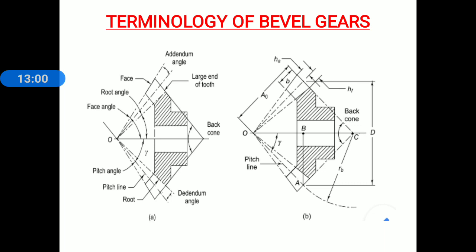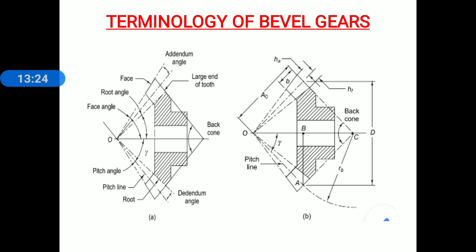Now first sketch A. In sketch A, there is a pitch cone that is shown by the dotted line. That cone, the left side cone shown by the dotted line, is the pitch cone. And at right angle to the pitch cone, there is a back cone to the right side.